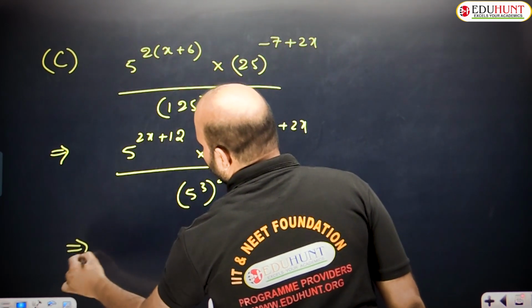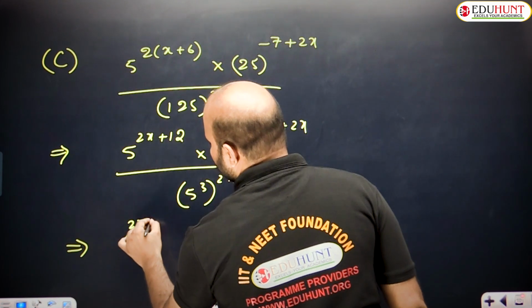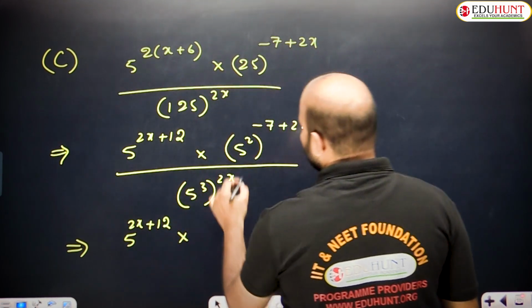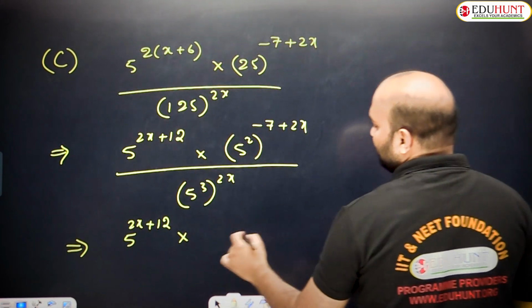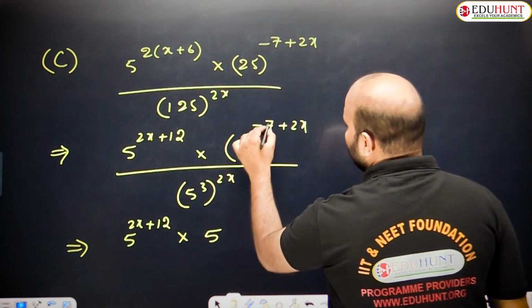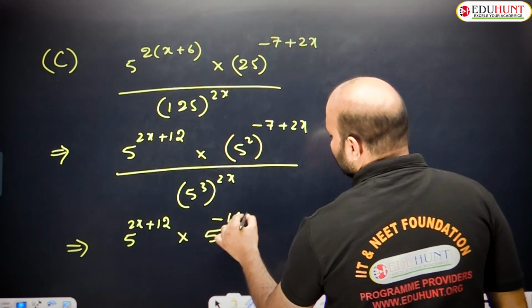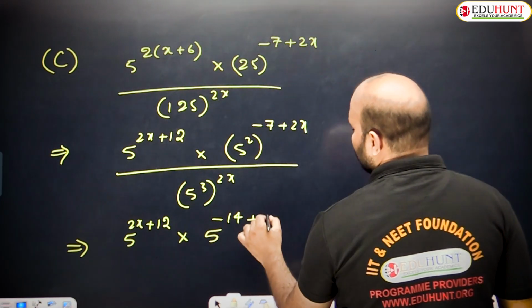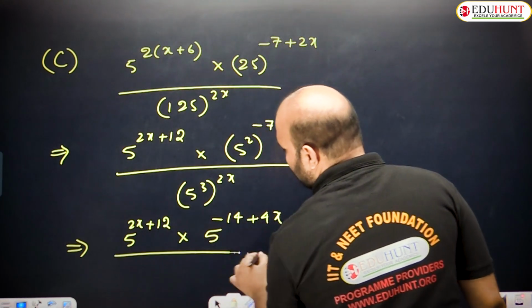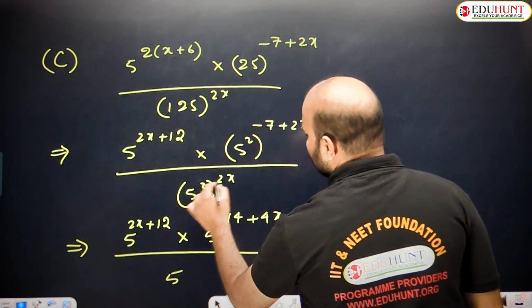Therefore it can be written as 5 power 2x plus 12, into, a power m whole power n is a power m into n, so 5 power 2 into minus 7 minus 14 plus 2 into 2, 4x, whole by 5 power, a power m whole power n.